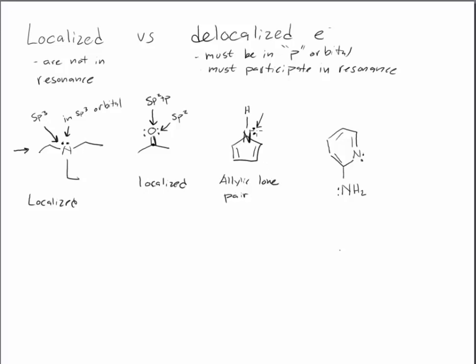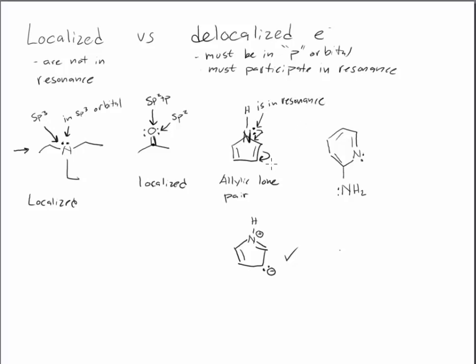And of course, if we drew an arrow pushing pattern, it would look like that. And if we drew the resulting structure, it would look something like this, which is a perfectly reasonable structure. So that gets the check mark, the seal of approval. And so this lone pair is in resonance.